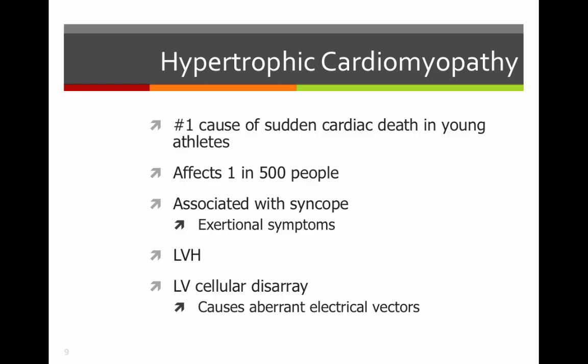What you're going to see on the 12 lead is definitely left ventricular hypertrophy due to left ventricular outflow tract obstruction in these patients. This is also caused by left ventricular cellular disarray, which is really just the left ventricular cells aren't arranged the way they should be, and this causes aberrant electrical vectors in the left ventricle.